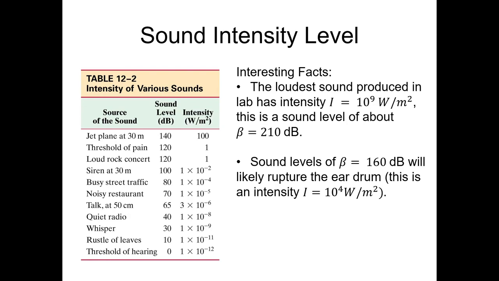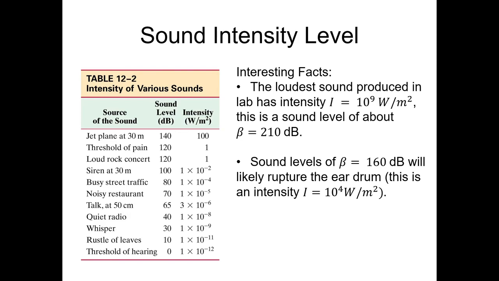Okay. Here is a table from our book, Giancoli, 12-12. It says source of the sound, then it gives you the sound level in decibels, and then the corresponding sound intensity in watts per square meter. For example, a jet plane at 30 meters away from you can give you a sound intensity level of 120 decibels, and the intensity is 100 watts per square meter.